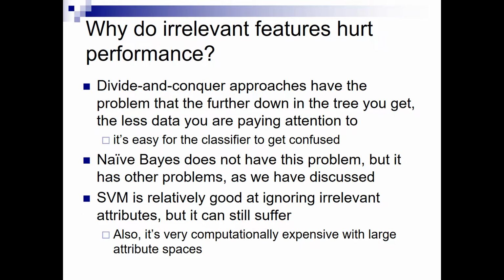If you have a noisy feature and you just have a couple, it's probably not a big deal, because these irrelevant features probably have very lukewarm predictions. They're sort of not giving a strong push in one direction or another anyway.